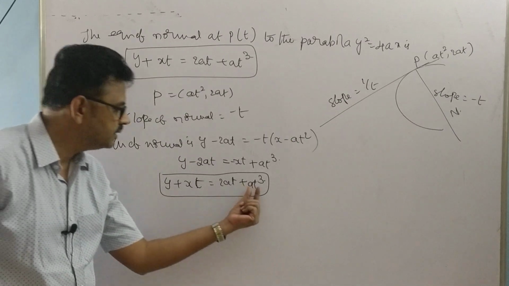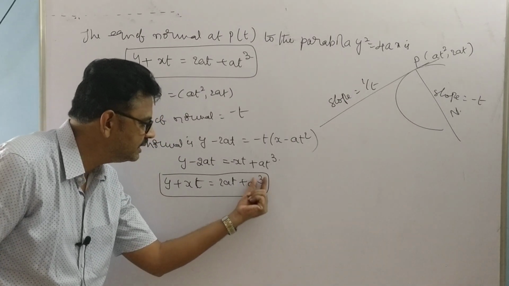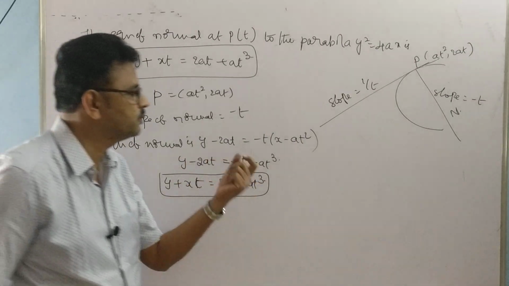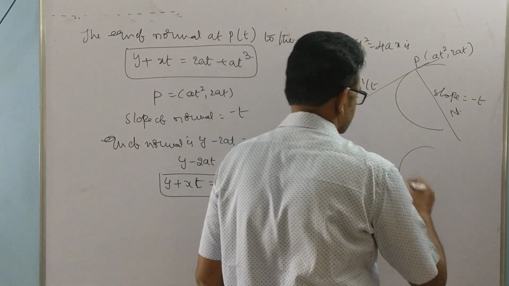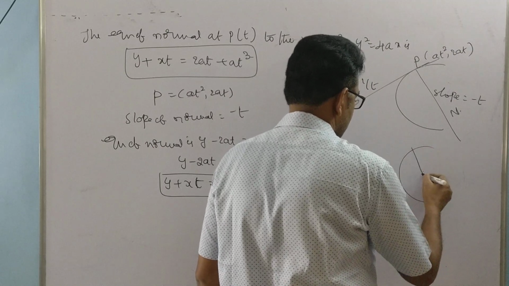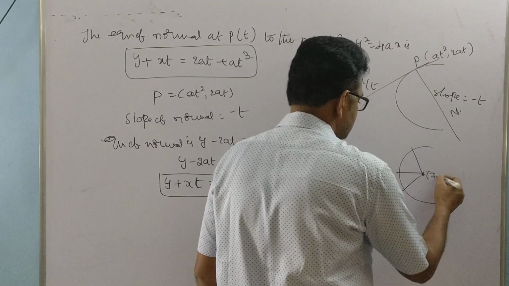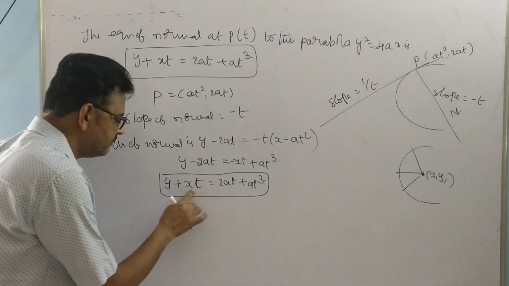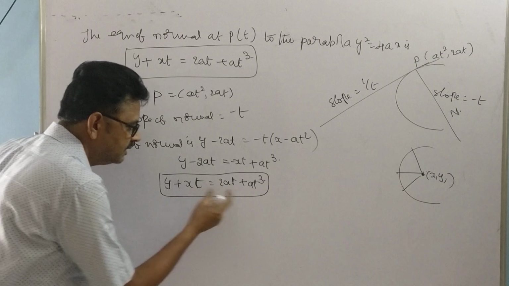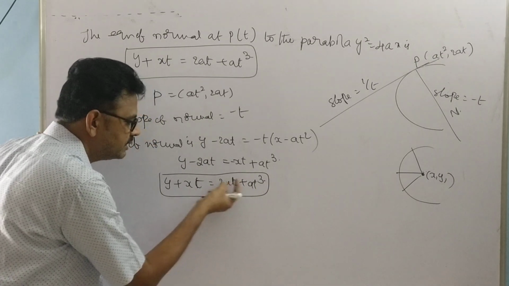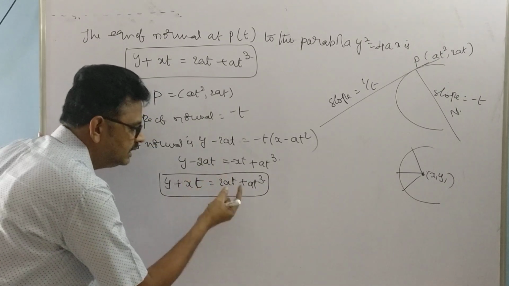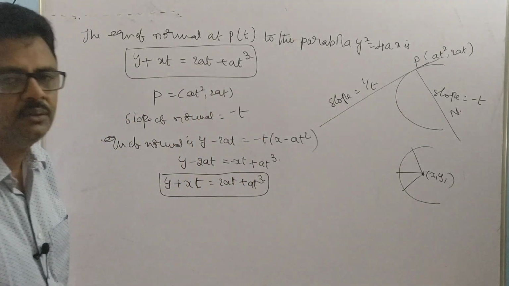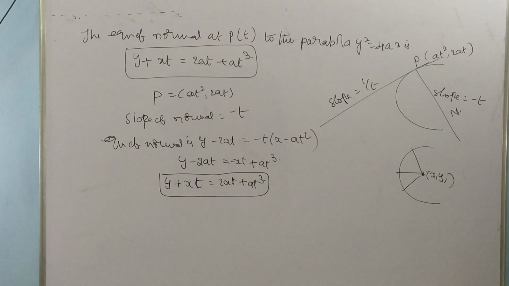Here it is a cubic equation in terms of t. Suppose that normal passes through the point x1 comma y1. In place of x and y, write x1, y1. Then you get a cubic equation in terms of t. So in general, three normals can be drawn from a point to the parabola.